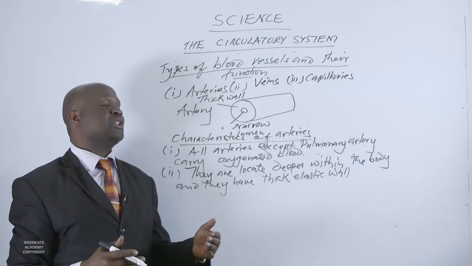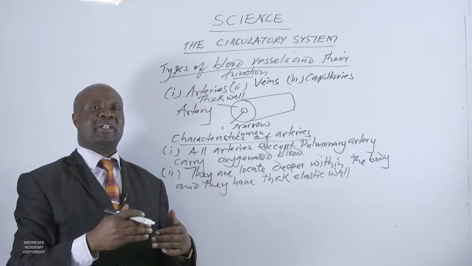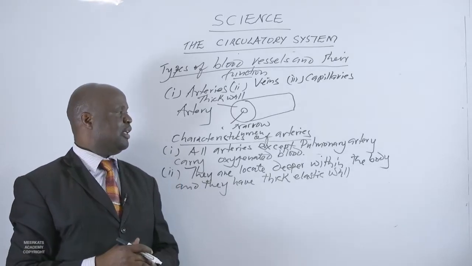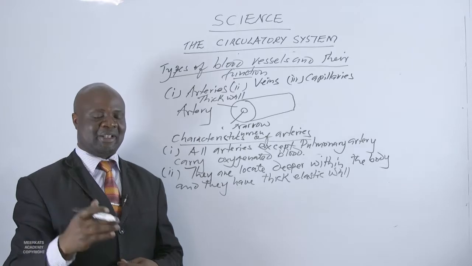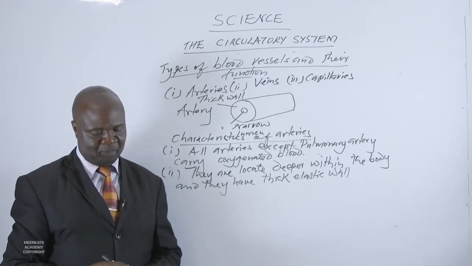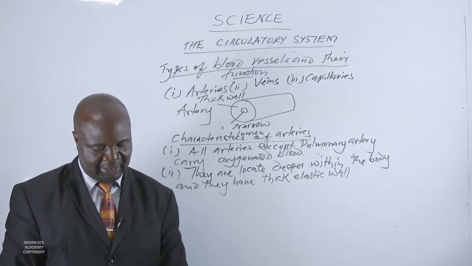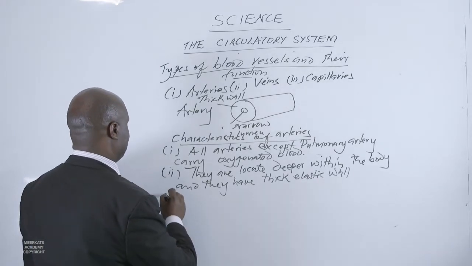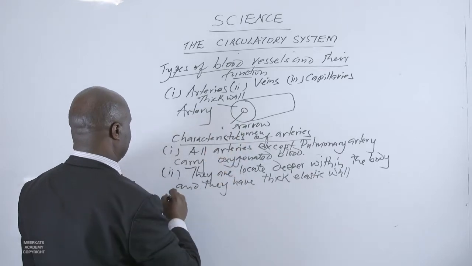Unlike veins, as we shall see, veins are located close to the skin, at the surface, so that even evaporation and other things can take place easily. Another characteristic, arteries have a narrow lumen or opening. You can see it is narrow.